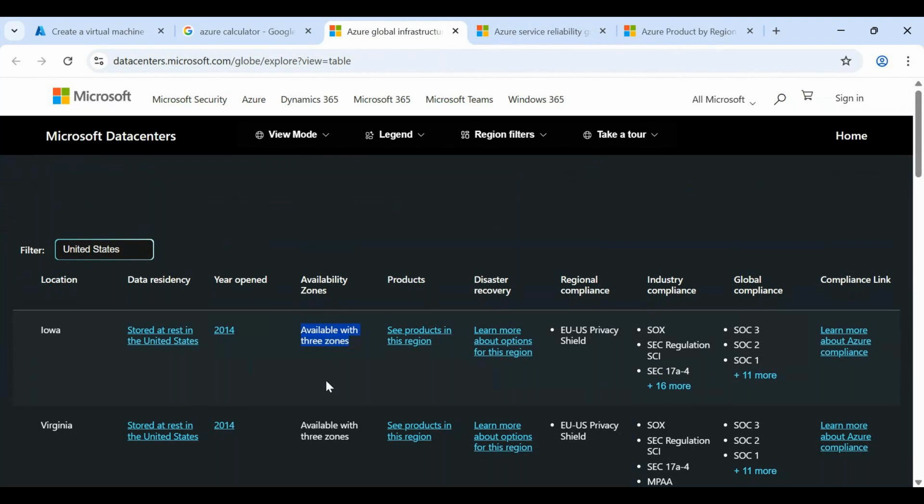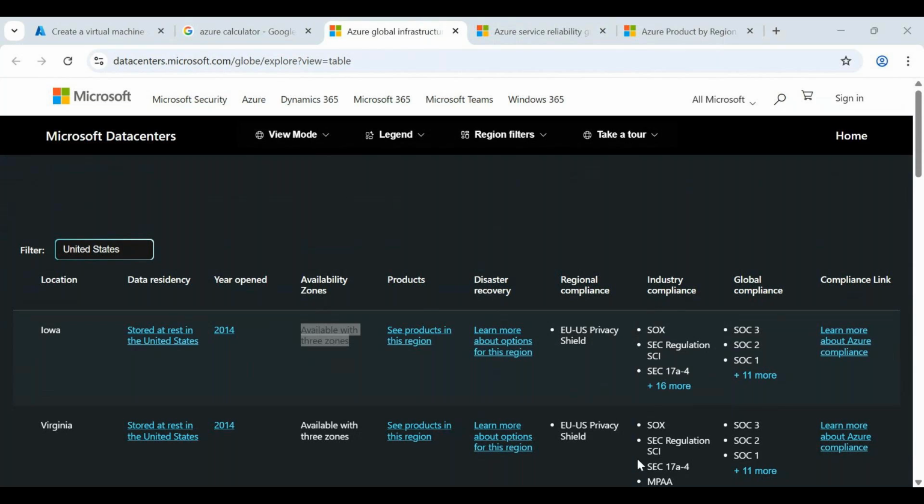East US 2 has a different option, East US 3 has a different option. That we call availability zones. This difference we should know when discussing geography, region, and finally the availability zone.